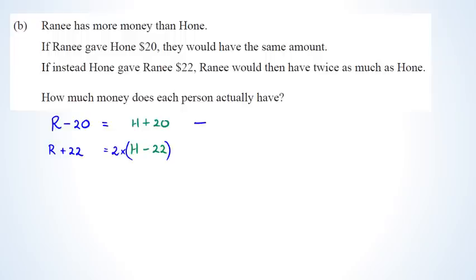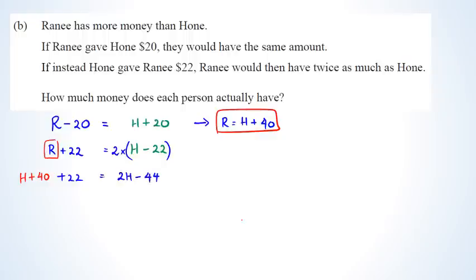Looking at my first equation, I can rewrite it as R is equal to H plus 40, because when I take the negative 20 to the other side, it becomes plus 20. So I can replace R with H plus 40. I'm going to have H plus 40 plus 22 equals 2 times H, which is 2H, and 2 times negative 22, which is negative 44.